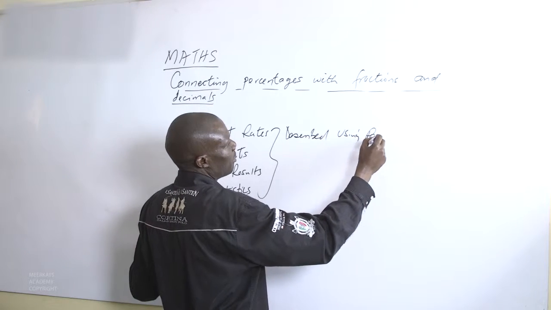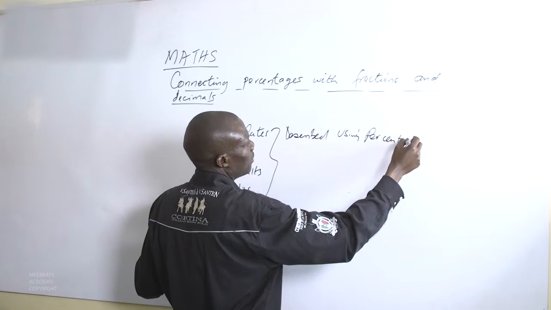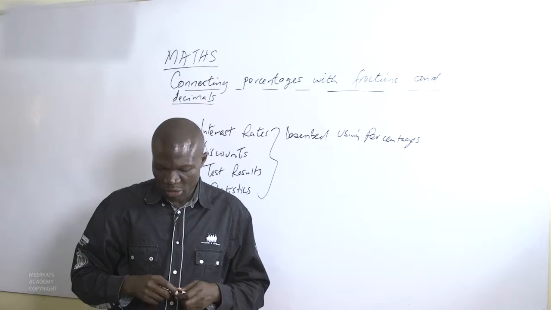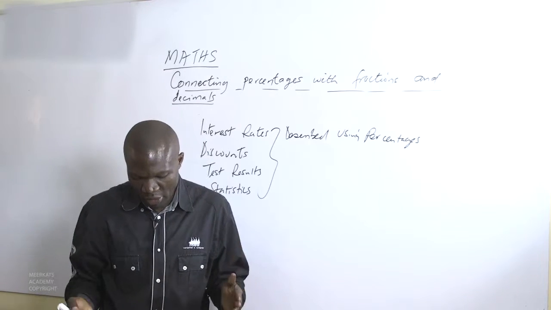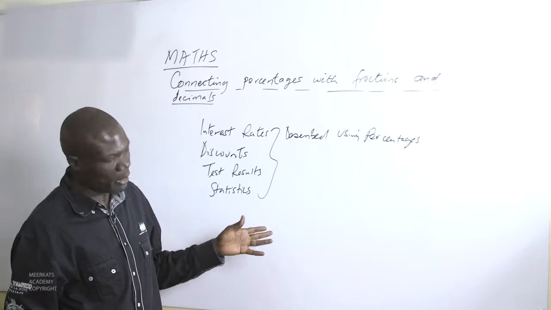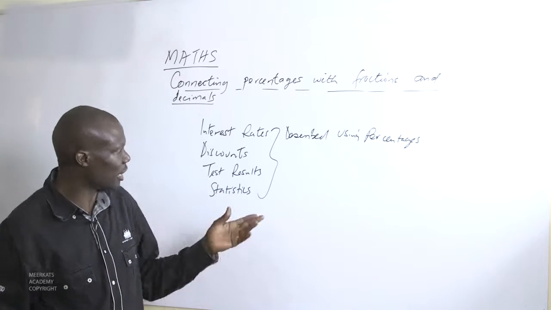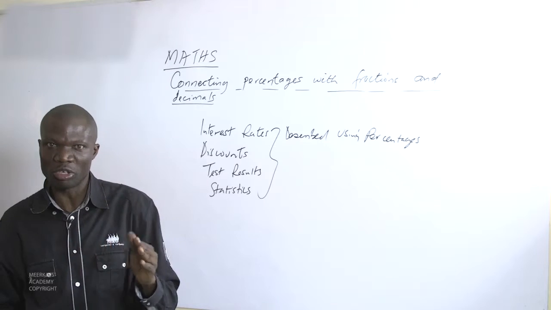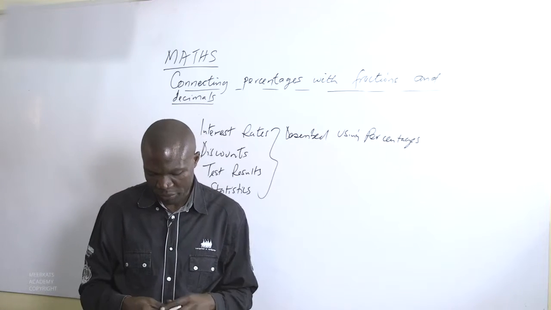They are usually described using percentages. Why is this so? It is because it is easier to compare two different results using percentages than when you use either decimals or fractions.